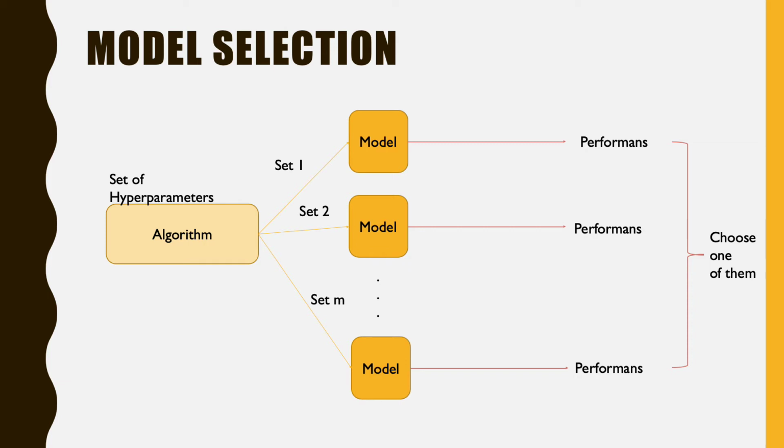We will run the model for each set: set 1, set 2, and set M. For example, I divide the data 20 different ways for each model. For the first model, I get 20 performances and average them. Then I get 20 performances in the same way with the other models, and I can get the average at the end of the day.